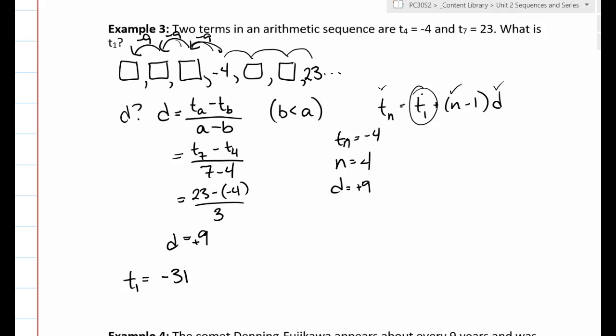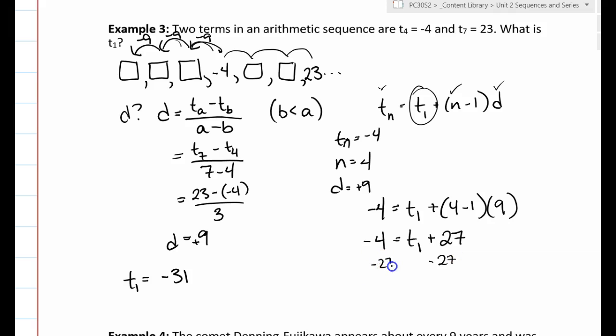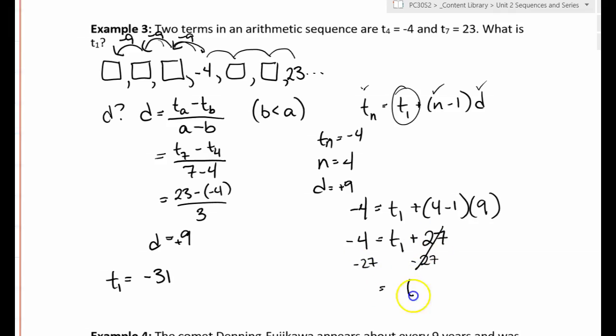And we are able to do that. So we plug and chug. Negative 4 equals term 1 plus 4 minus 1 multiplied by 9. So we got negative 4, term 1 plus 3 times 9 is 27. I'm going to subtract that 27 on both sides to isolate term 1.